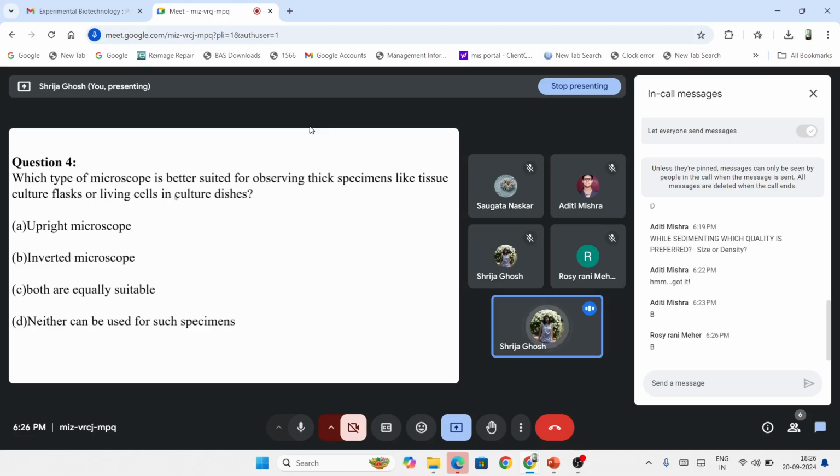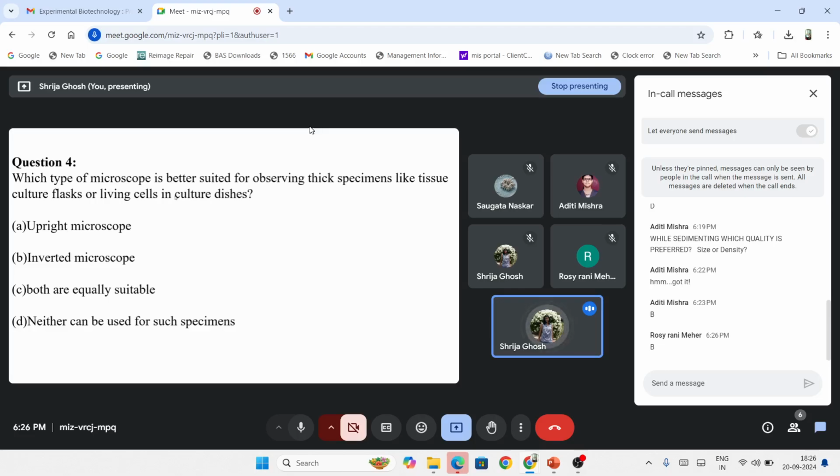So Rosie has answered inverted microscope. Okay. Anyone else wants to answer? Nobody wants to answer.